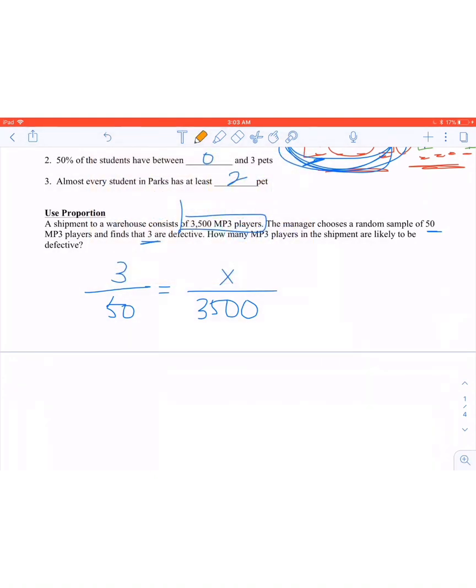I'm going to find out what needs to be multiplied by 50 to get 3,500. In my calculation, it would be 70. Then multiply by 70 on the top as well. Therefore, x is going to be 210 because 70 times 3 is 210.